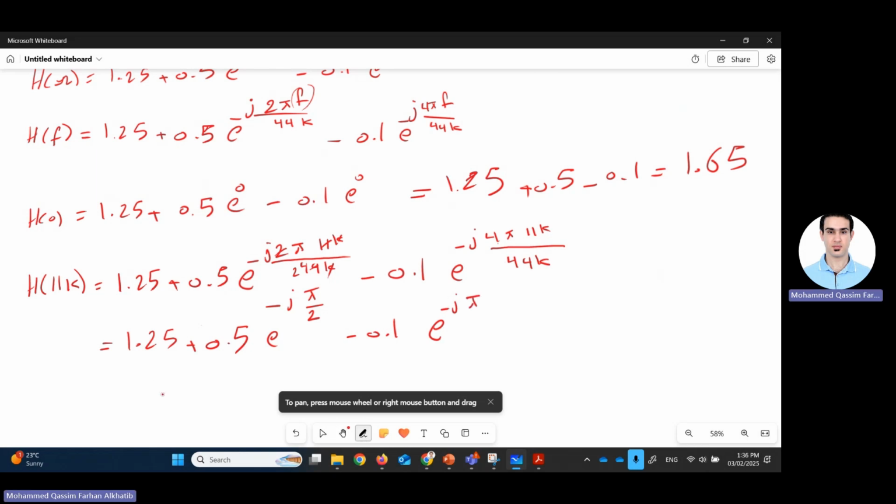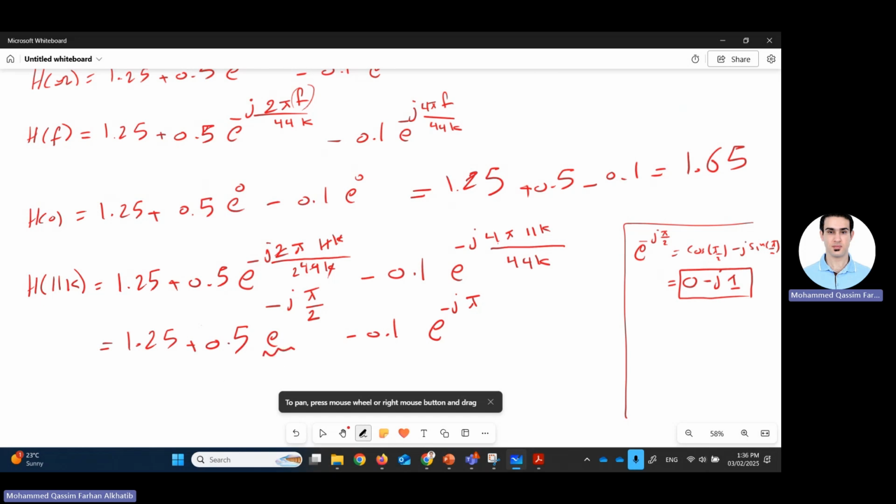Let's do it here on the side. E to the power negative j pi over 2 equals cosine pi over 2 minus j sine pi over 2. Cosine of pi over 2 is 0, minus j sine pi over 2, which is 1, so this whole thing is negative j.